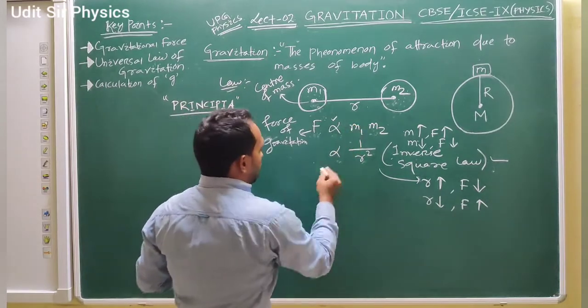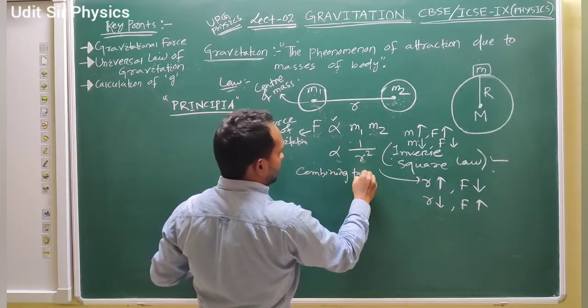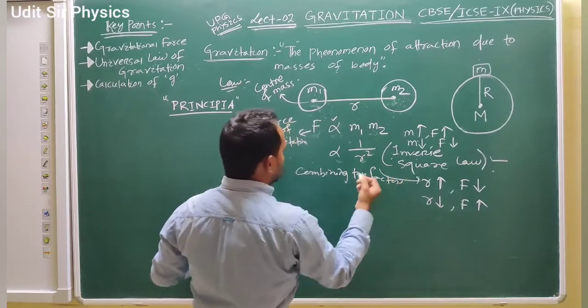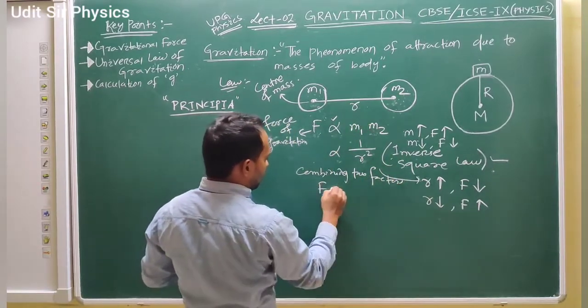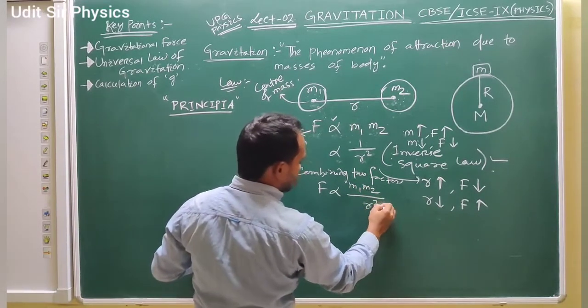Here, combining the two factors, we get F is proportional to m1 m2 by r square.